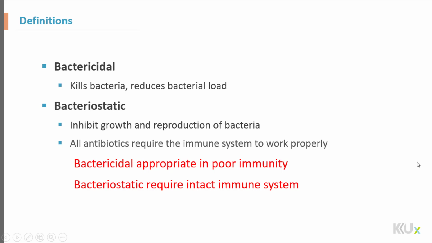In all cases, all antibiotics require the immune system to work properly. Bactericidal are best used in life-threatening infections or in patients with poor immunity. Static require an intact immune system, so they can be used in less life-threatening infections.